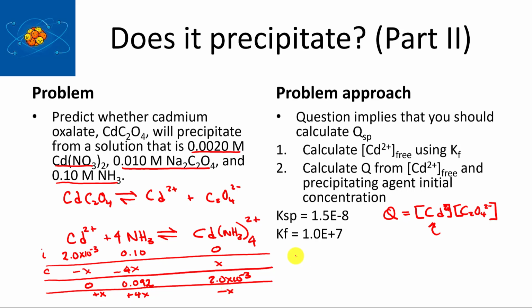And then Kf is equal to x, or 2.0 times 10 to the minus third minus x, divided by x and 0.092 plus 4x, to the fourth, and that equals 1.0 times 10 to the 7.